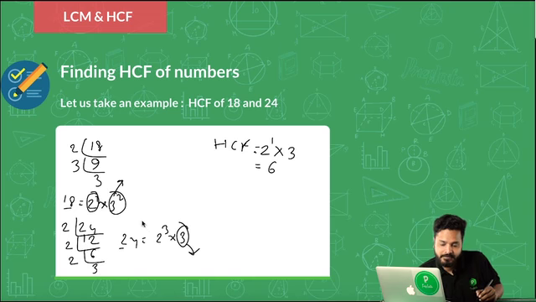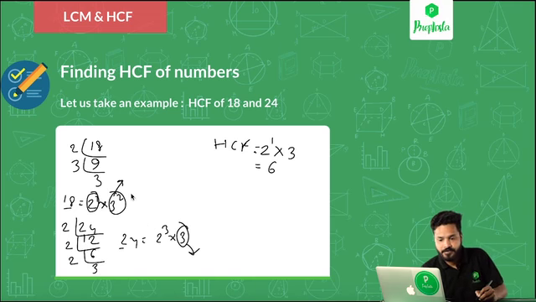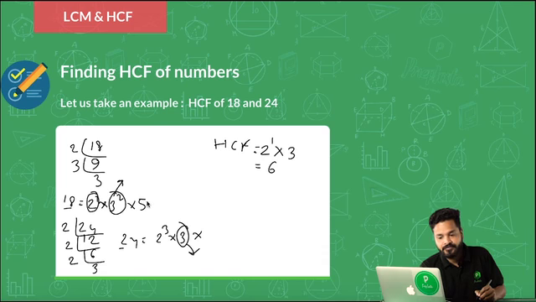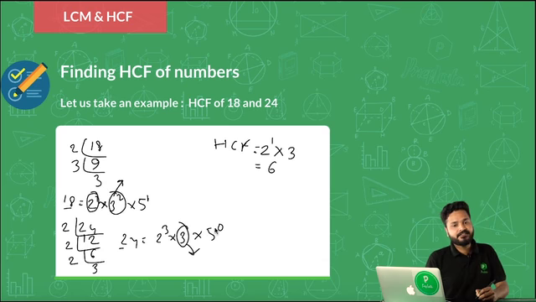Okay. So now let me add one more thing here. Let's say 5 was appearing here, just an example, and 5 was not appearing here. In that case, would you have taken this 5 or not? No. Because 5 is, let's say, appearing 1 time here, the minimum power for 5 is 0 here.